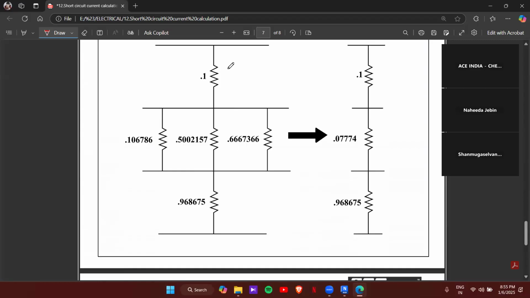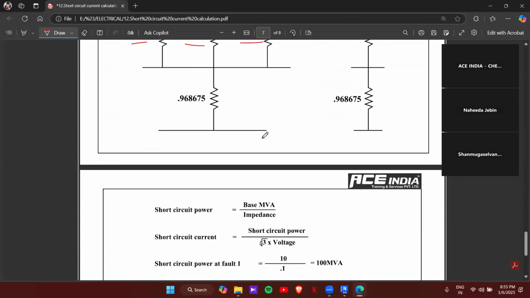So we have added in series first. Now we have to add in parallel. These are the parallel branches, and we know how to add in parallel: 1 by R is equal to 1 by R1 plus 1 by R2 plus 1 by R3.